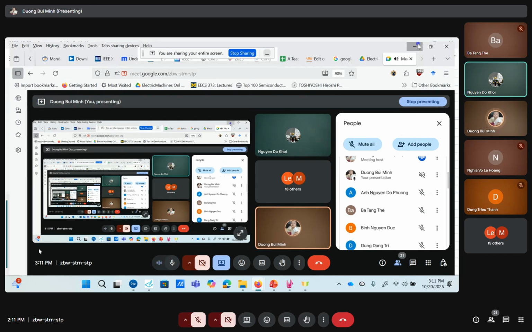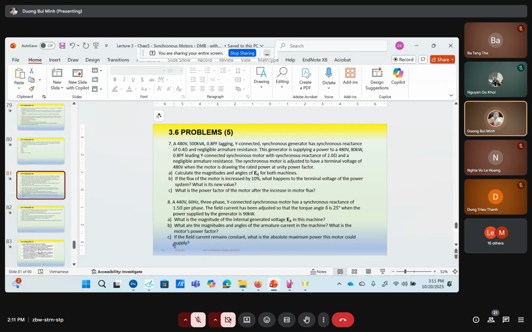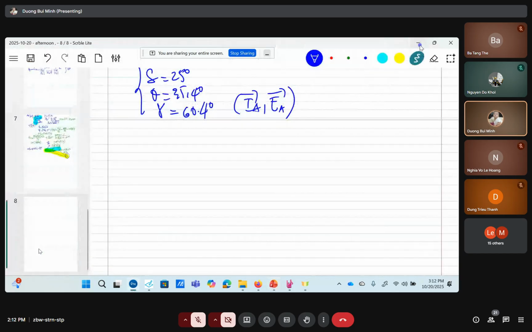Okay, so continue. Now question C. If the field current remains constant, what is the absolute maximum power this motor could supply? Now we assume IF is constant, right?